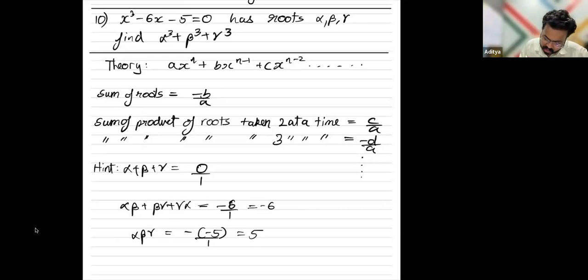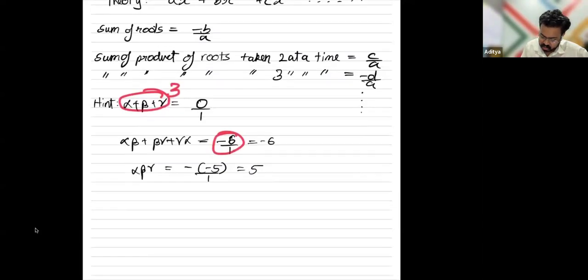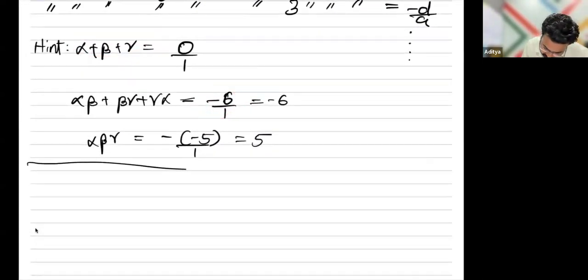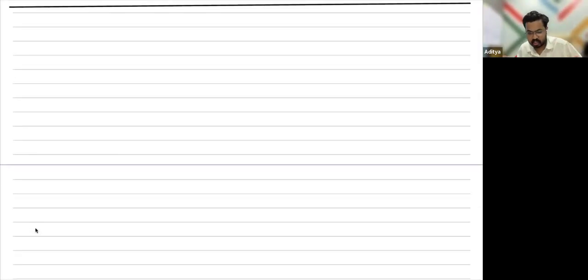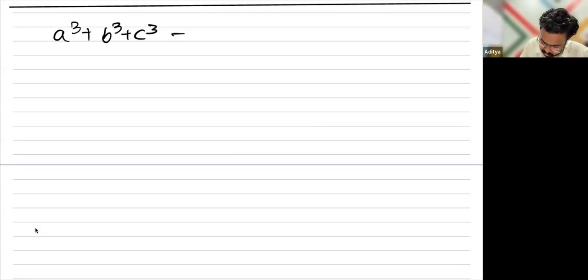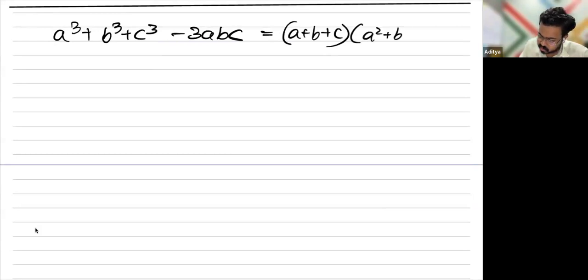Okay. So here, instead of going through the tough route of actually making the whole cube of this and removing stuff from here, we can recall a very useful identity, and its usefulness is tested in such times only. You know, a cube plus b cube plus c cube minus 3abc can be factorized as a plus b plus c times a square plus b square plus c square minus ab minus bc minus ca.